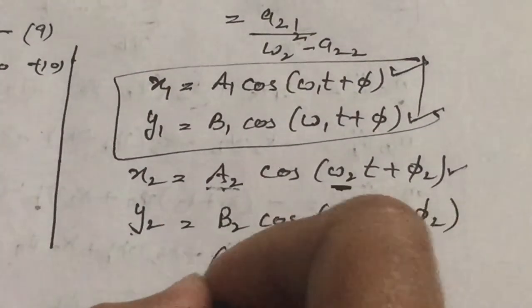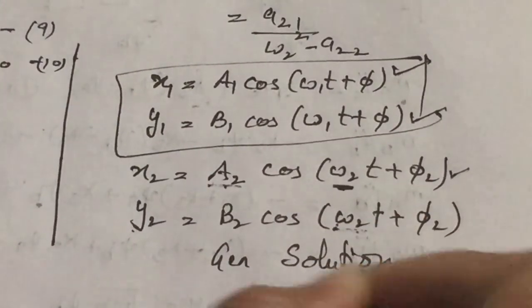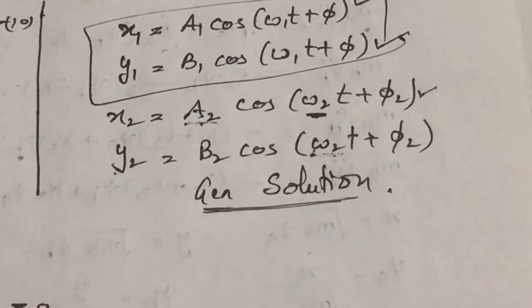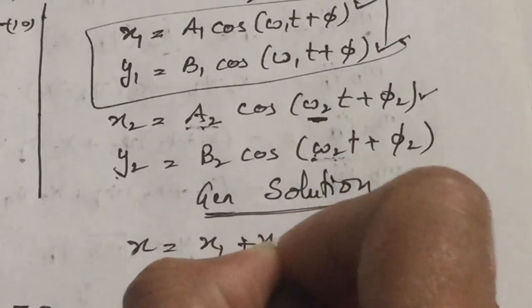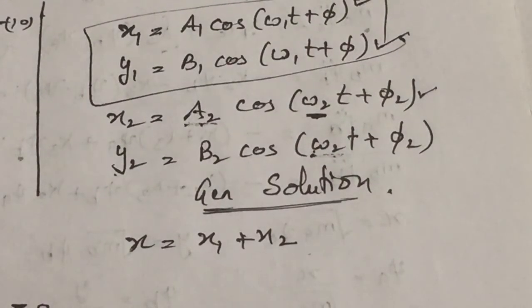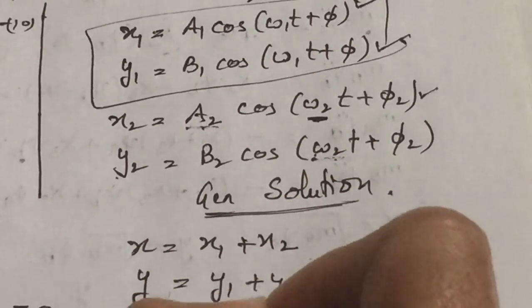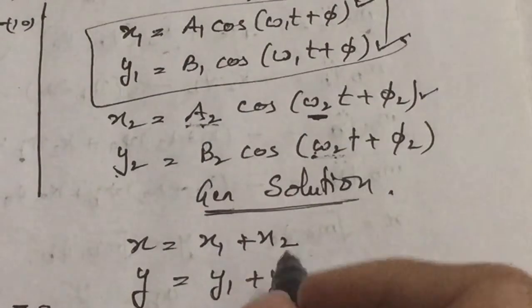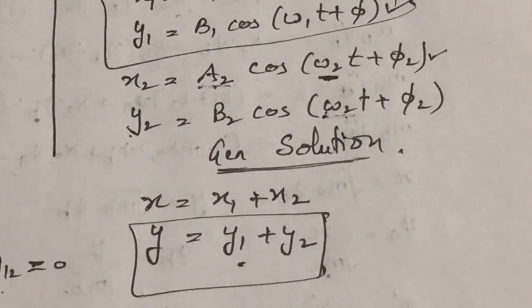The generalized solution of our system can be given in terms of x1 and x2. The first particle's motion can be given as x1 plus x2. Just put the values of x1 and x2 from the above equations. Similarly, for the second particle, only two motions are possible, and we can represent the motion as y1 plus y2.